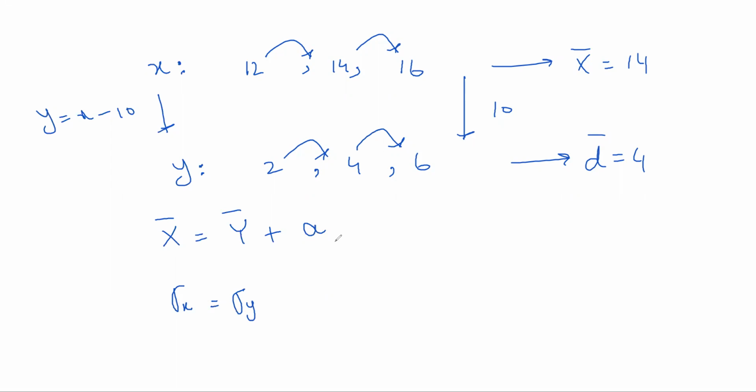Please note it down, whatever is the kind of data, either it is the raw data or the frequency distribution or whatever. There is a difference of this a in these two data, but the standard deviations are going to be the same.